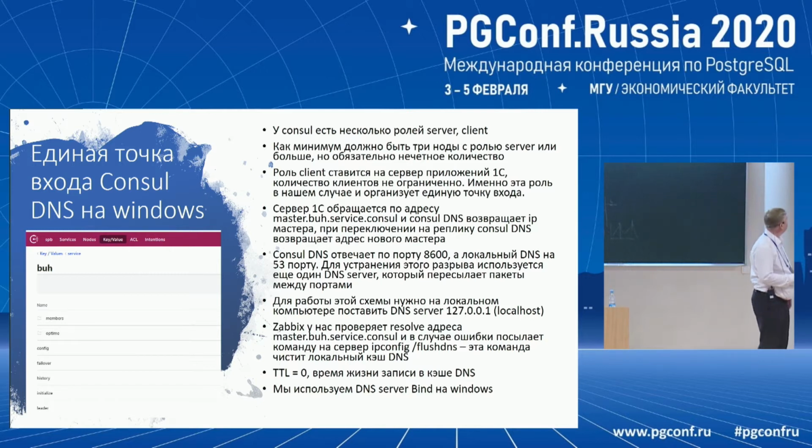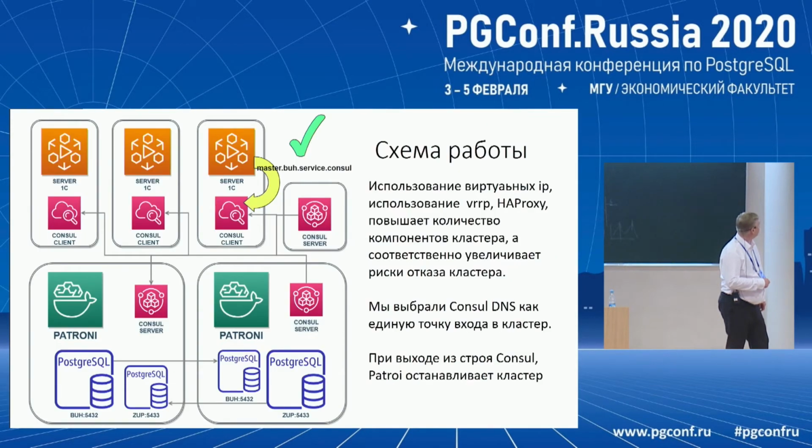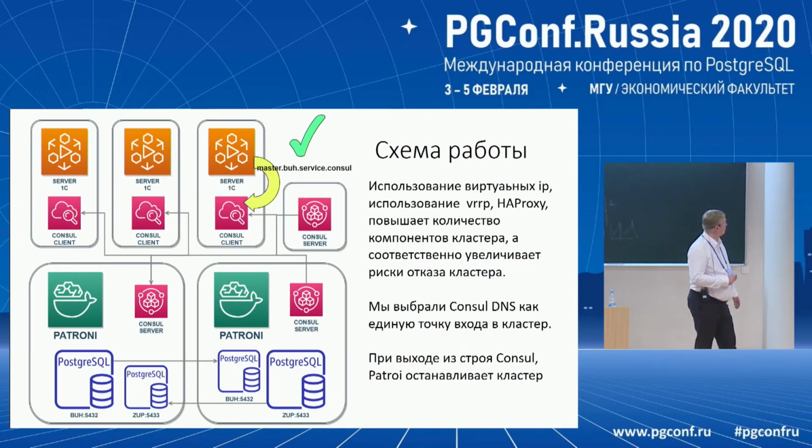Single point of access, which is Consul. On this slide, I listed some important items. How Consul is organized. If we make one step back, we will see that on the operational servers, on the working servers, on each instance, we have a Consul with a server role, to avoid split brain.